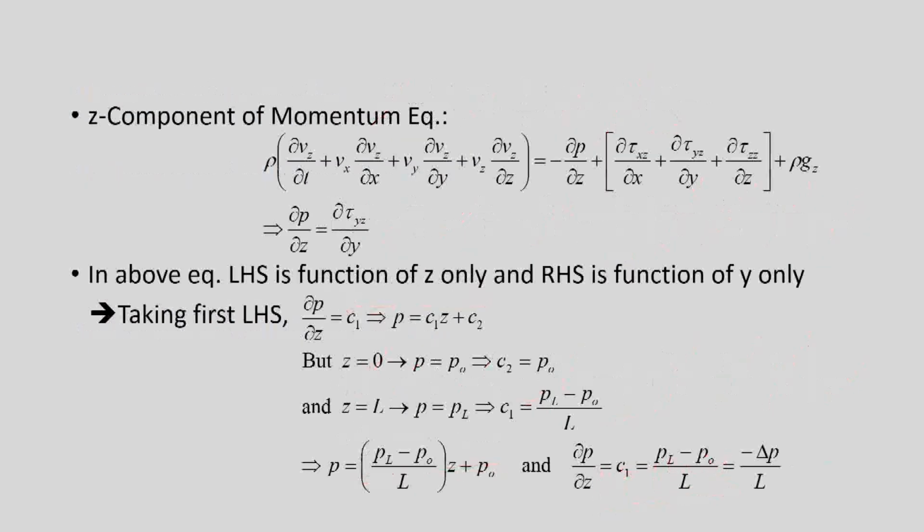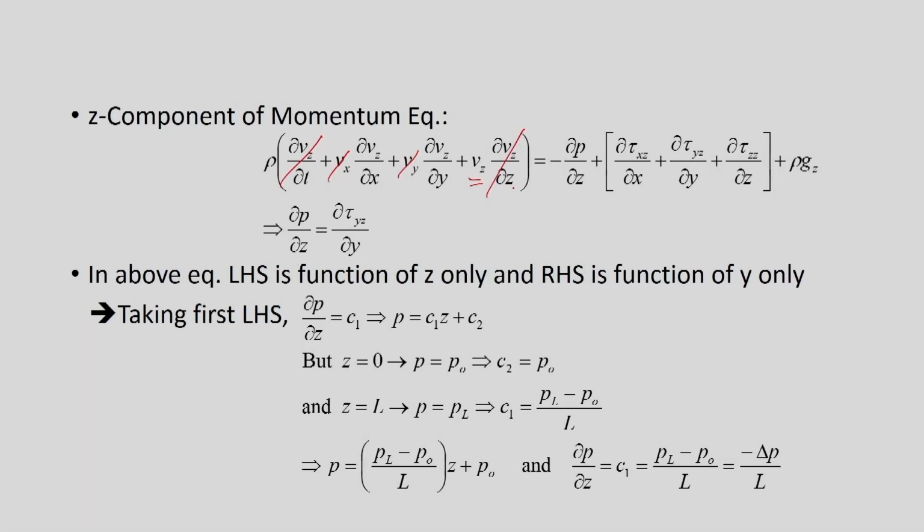Now, we go to the z component of momentum equation. So, that is given here. Here also if we apply the assumptions, it is a steady state problem, so the first term in the left hand side is 0. Vx is not existing, Vy is not existing, so that is also 0. Vz is existing, but ∂/∂z, that is fully developed flow, because of fully developed flow, ∂/∂z of any velocity component is 0 here.